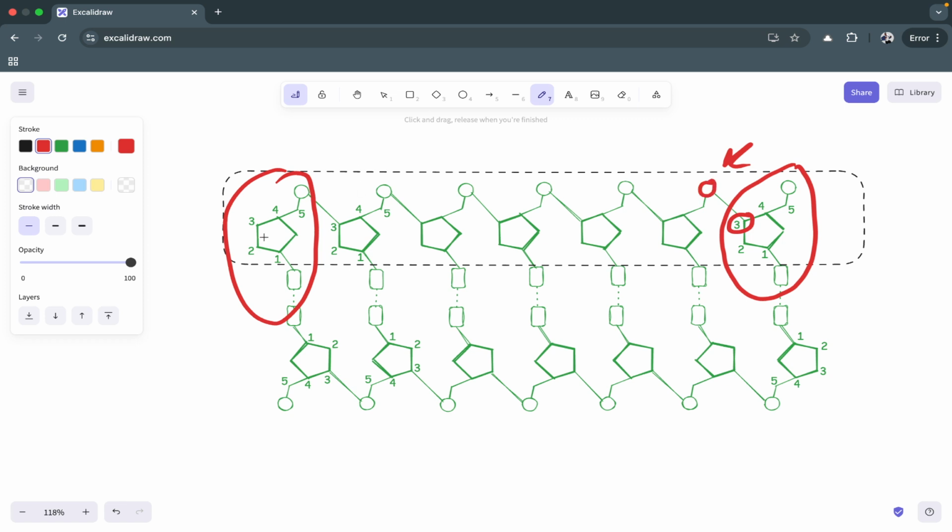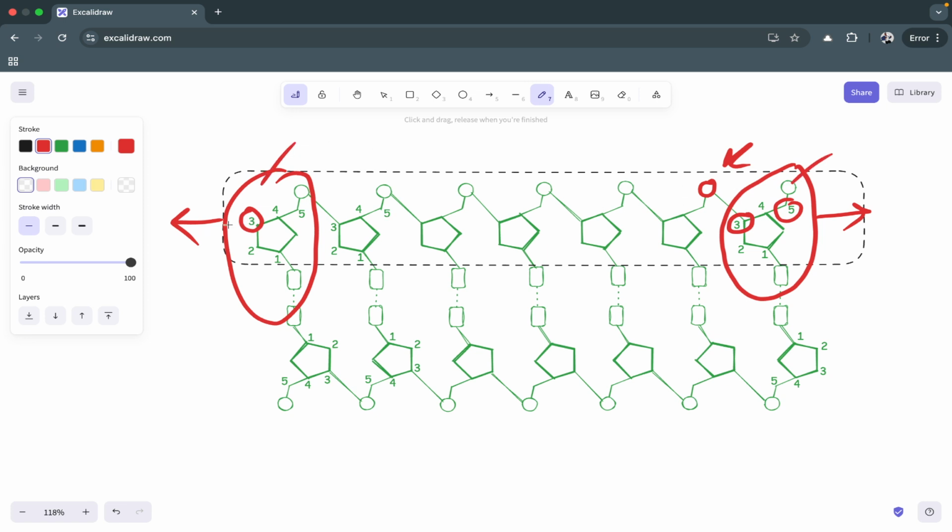But in the leftmost end, this third carbon atom is free and it has the capability to bond with another nucleotide if we add one more here. But right now it's free. Also, this third carbon atom is pointing outwards in this direction, right? And in this end, the third carbon is busy, and the fifth carbon atom is pointing outward, right? So you can see that there is a difference between the nucleotides of the leftmost end and the rightmost end.